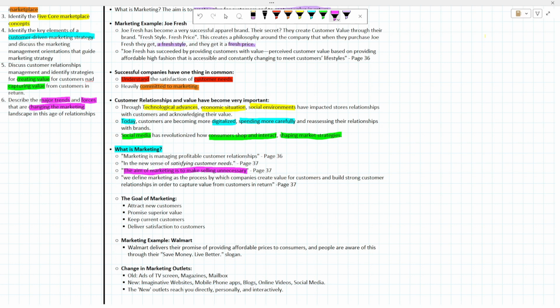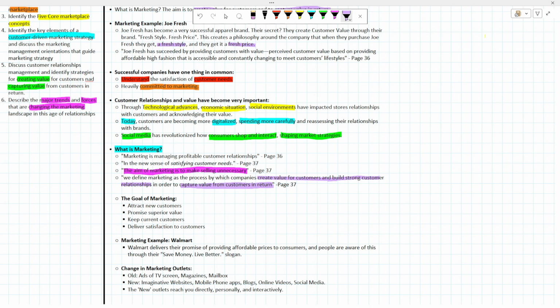So another one, we define marketing as a process by which companies create value for customers and build strong customer relationships in order to capture value from customers in return. So we have to acknowledge that not only is the point of marketing to create value for customers, but we have to acknowledge the point of doing that, and that is to create value for us.